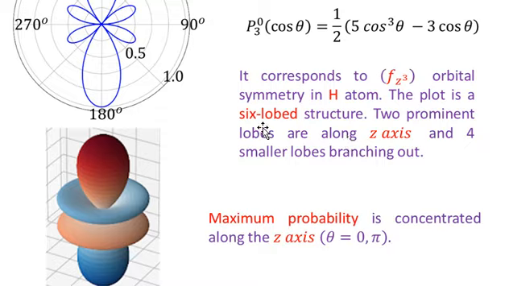This plot is a six-lobed structure, or you can assume that it has three pairs of lobes. Two prominent lobes are along the z-axis, or you can say one pair of prominent lobes is located along the z-axis, and four smaller lobes are branching out of it, or you can say that two sets of smaller lobes are branching out of it.